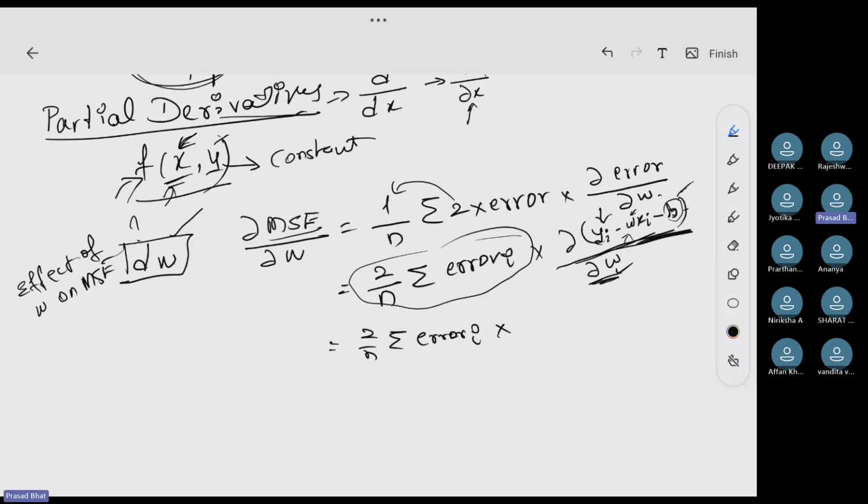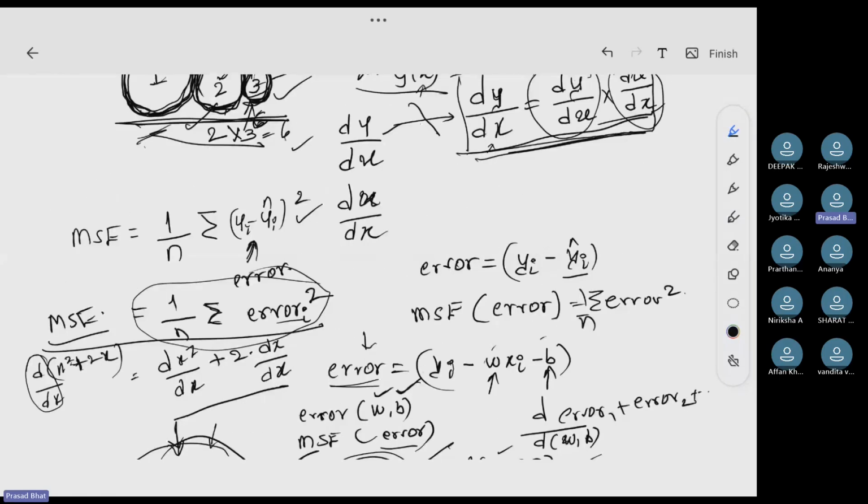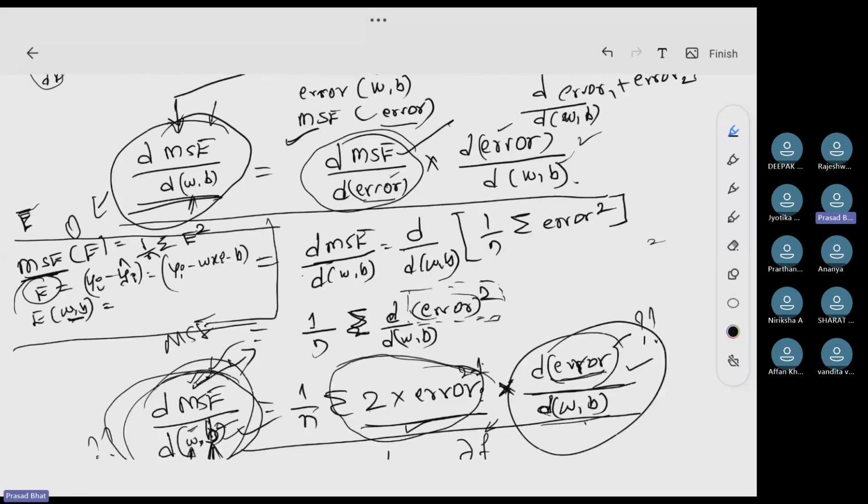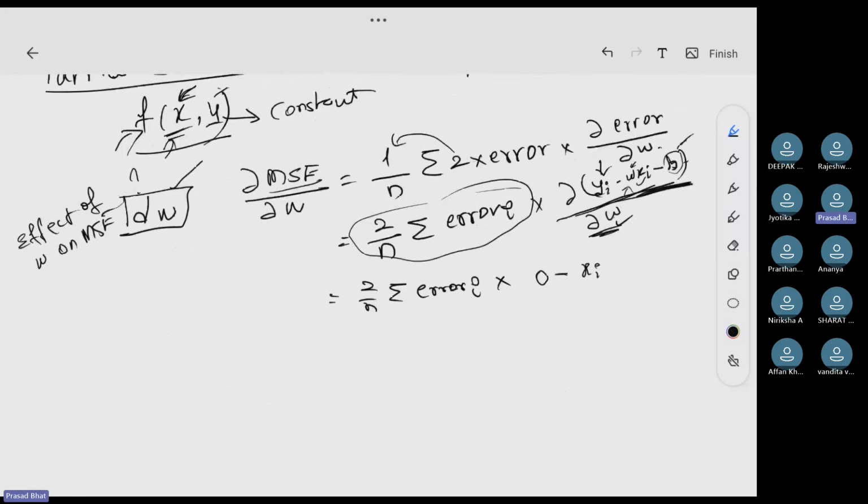If I take the derivative, yi is a constant which doesn't change at all with respect to w, so the effect of w on yi is essentially 0. And then minus w xi. Xi is a constant in this case during differentiation, correct? So let me keep xi as it is. For w, what is the formula? This formula, where is it? This one, right? So if I apply the same formula here, it is going to be what?